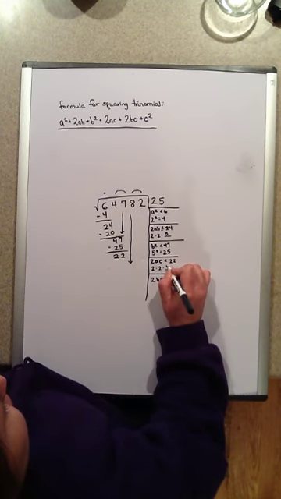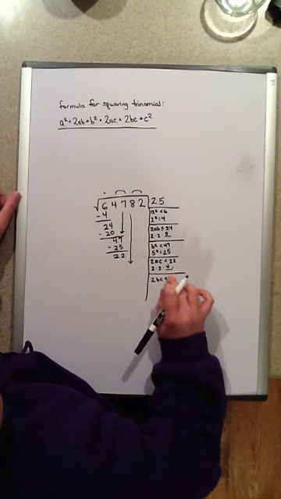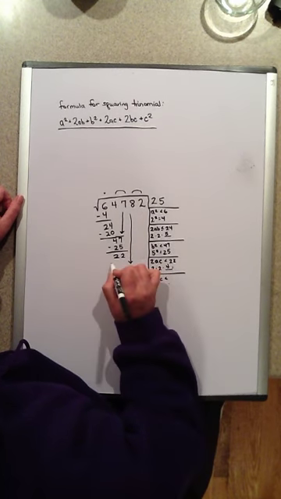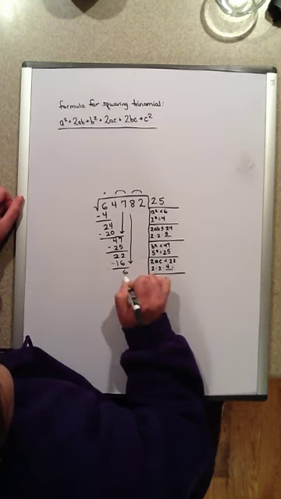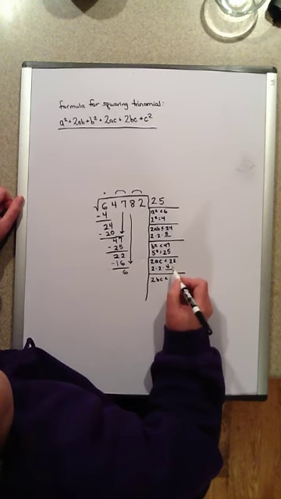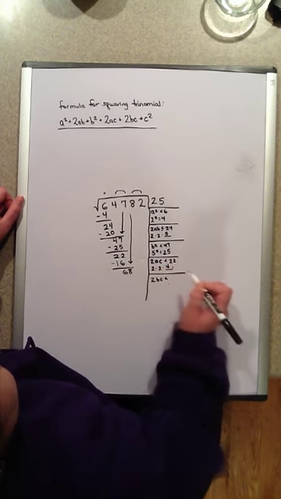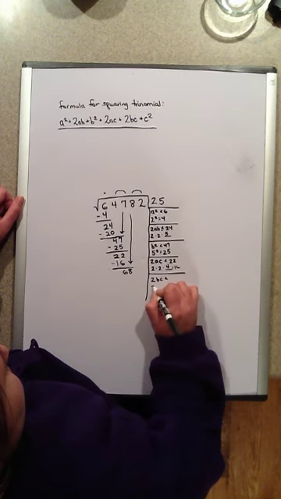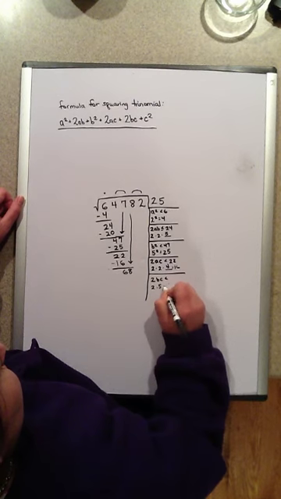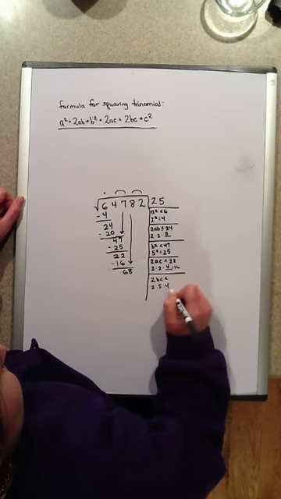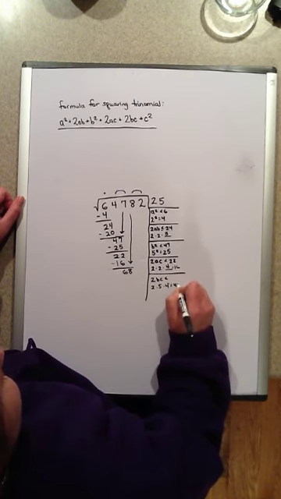Let's try 4 here. 4 times 4 is 16. 6. We bring down our 8. 2 times 5 times 4. 10 times 4 is 40. That works.